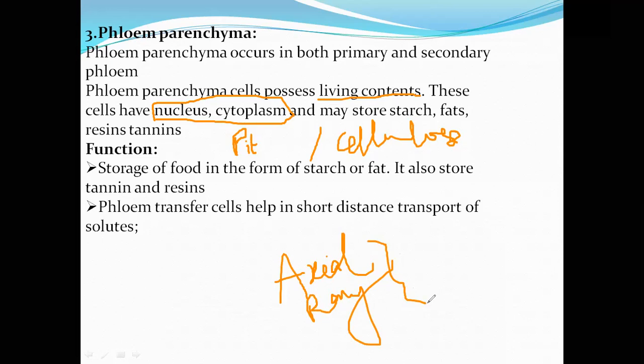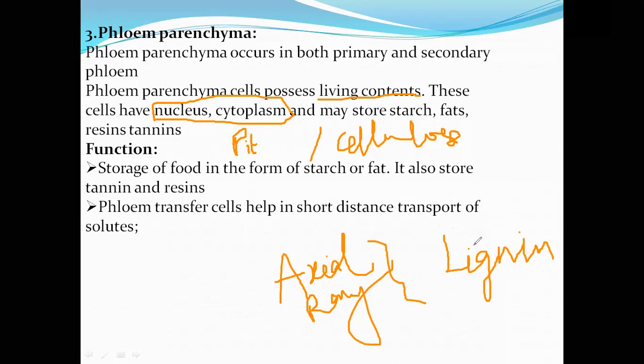Sometimes in the inactive phloem, the phloem parenchyma cell wall becomes lignified with dead material. The dead material is lignin. When a phloem is in an inactive state, the phloem parenchyma cells become lignified. Clear? The next point is that phloem parenchyma are characteristically not found in monocots.